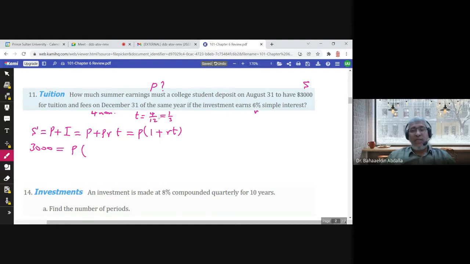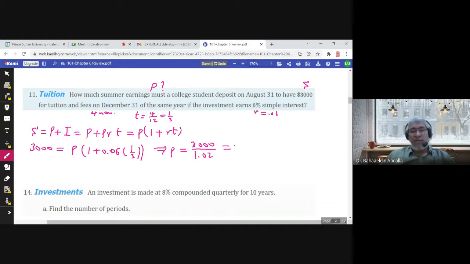Well, this is T. What is R? 0.06. So 1 plus 0.06 times 1 over 3. So P would be the division of 3000 over this amount, which is 1.02.